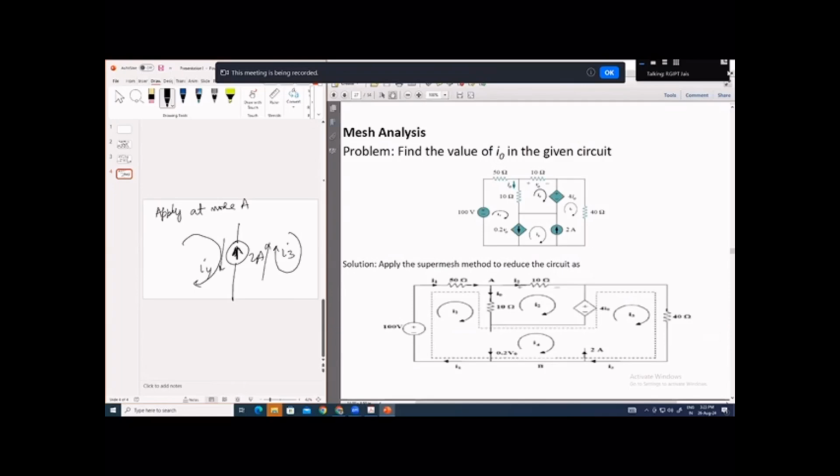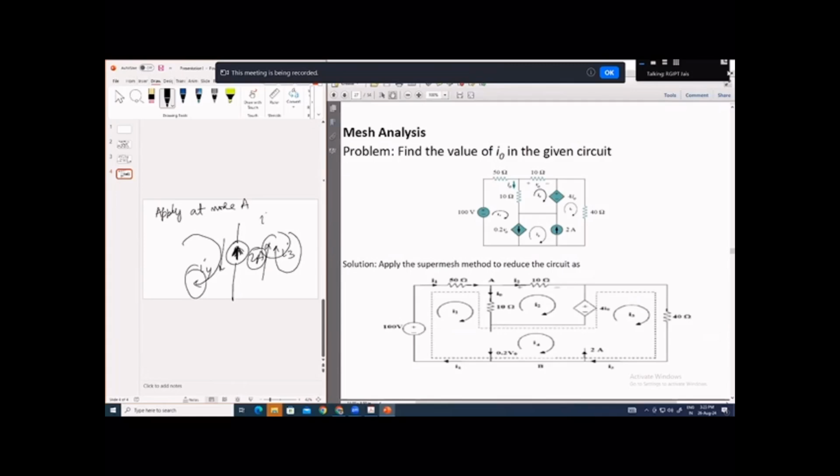But the current source itself shows that the net current flowing has a magnitude of 2 and the direction is bottom to top. Then definitely I3 should be greater than I4. Then only the net current will flow from bottom to top; otherwise the opposite would have happened.